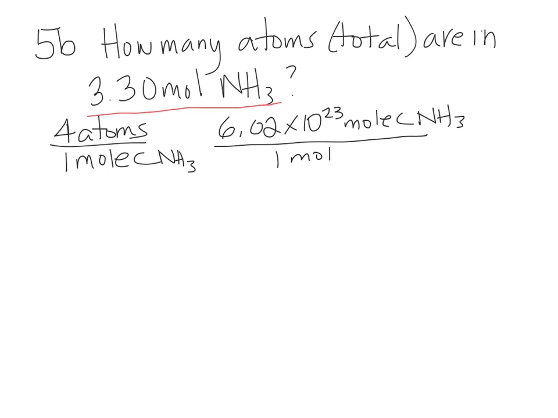Atoms. So which one of those 3 pieces of data has atoms in it? First, second, or the moles? First. So first we're going to write down 4 atoms per 1 molecule of ammonia. We need to get rid of molecules of ammonia. So what of the 2 things that are left have molecules in it? The Avogadro's number. Is the way it's written, will that molecule cancel the molecule in the first ratio?